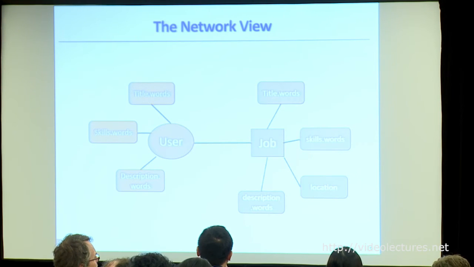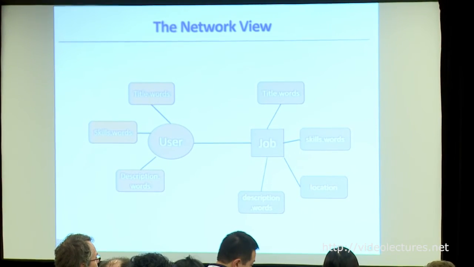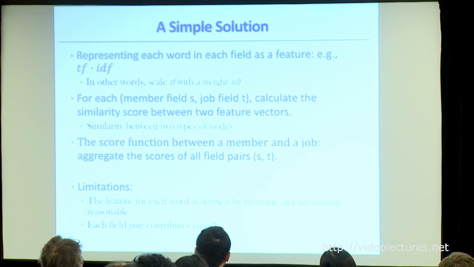So what we want to do here is some sort of link prediction. I have the user's ego network and the job's ego network, and we try to do link prediction. Let's first look at the naive solution.